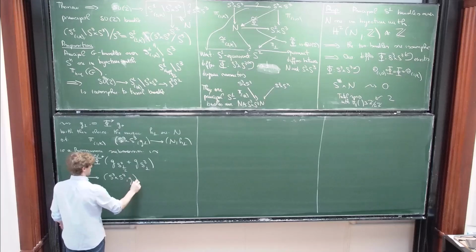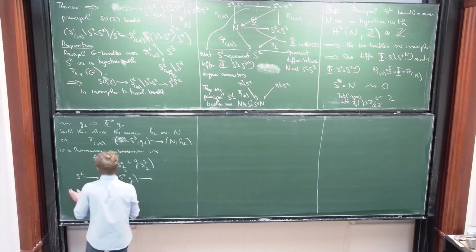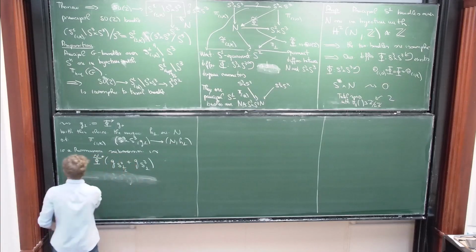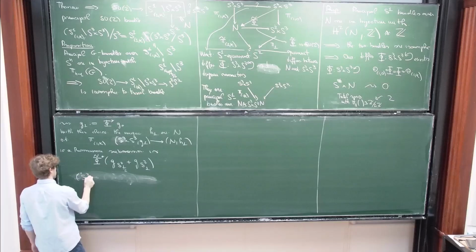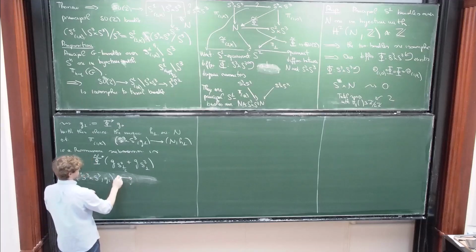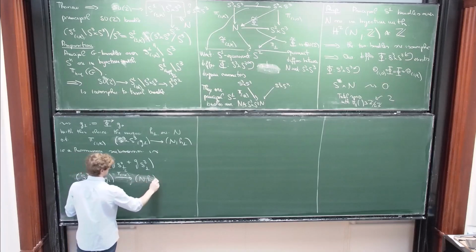So let me do it this way. I look at S3 times S3 with Gi. I take the projection with respect to the S1 action, and I get to N with Hi.